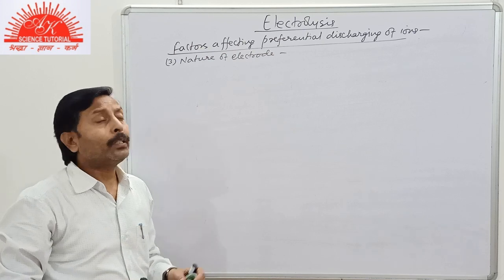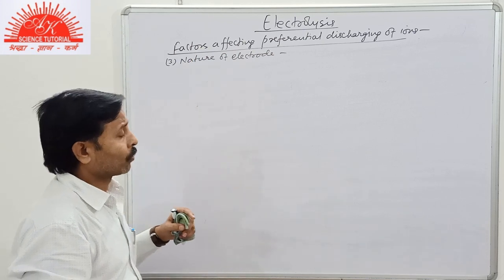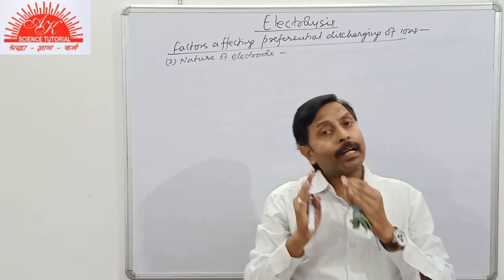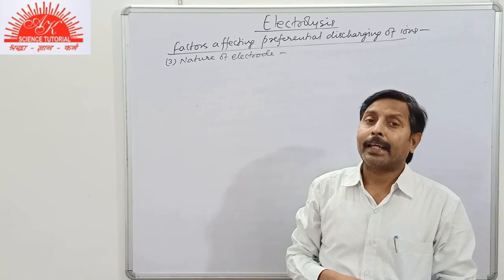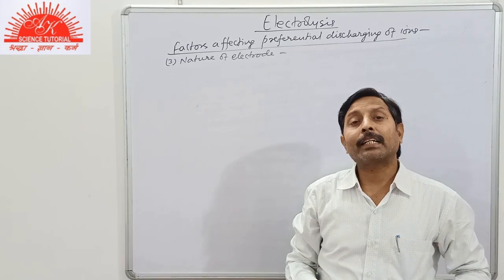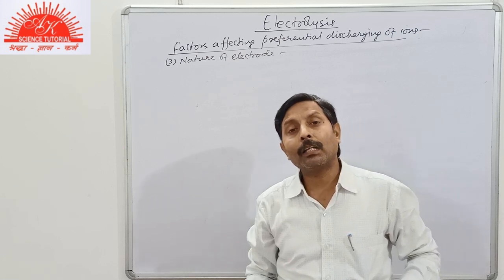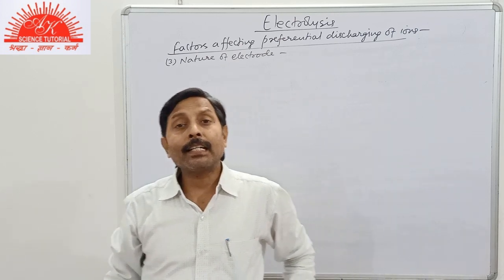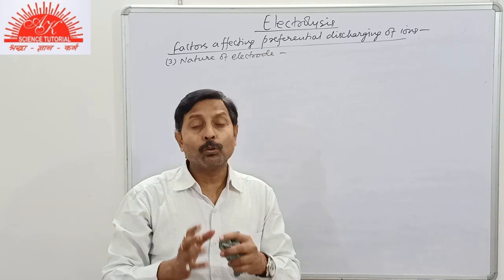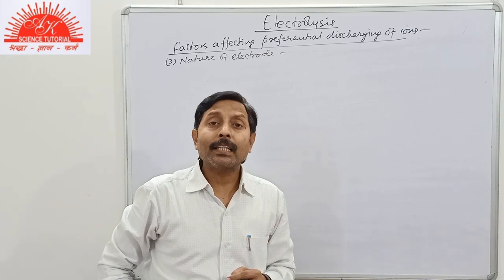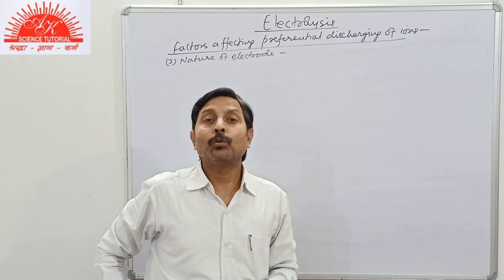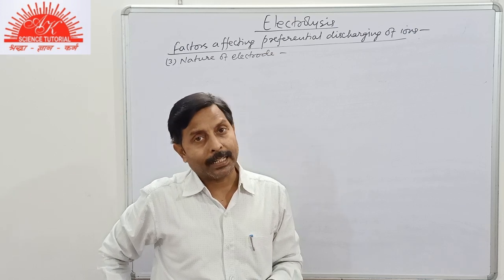So just using the two types of electrodes, attackable and non-attackable, we can explain it by taking a simple example. That is, we'll perform the electrolysis of copper sulfate using the two types of electrodes.